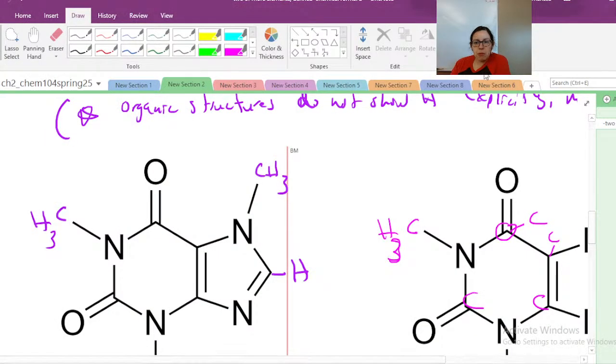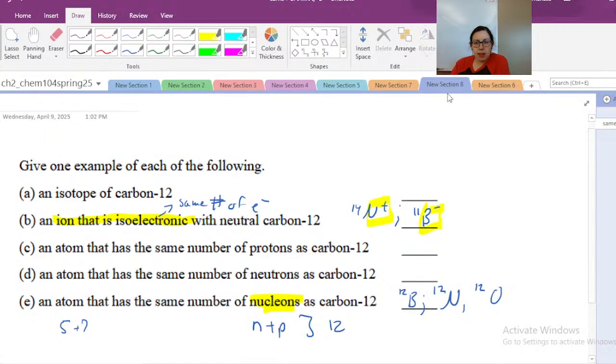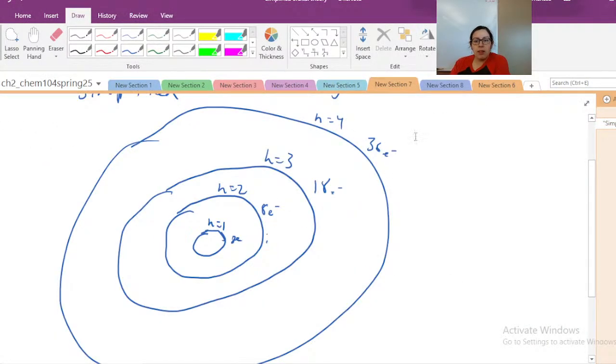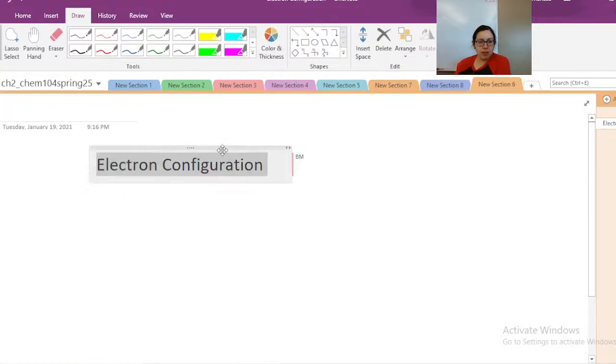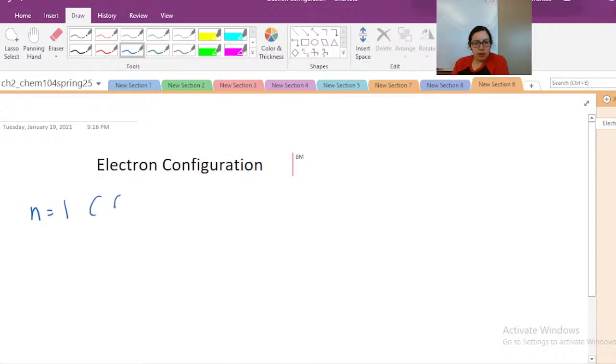The next thing we want to work towards is our electron configuration. We're starting with n equals 1, which is just our first energy level, and we want to write our electron configuration for hydrogen.